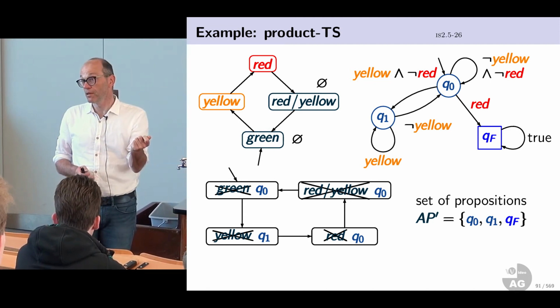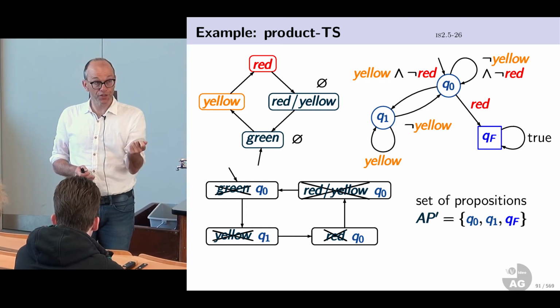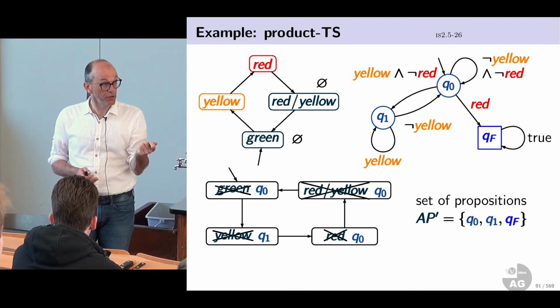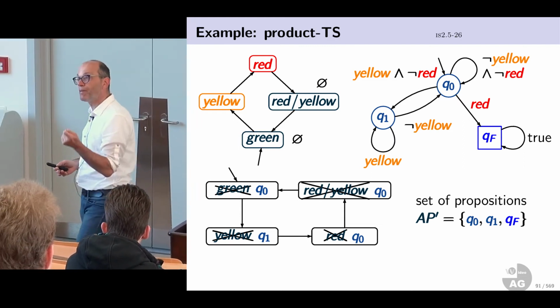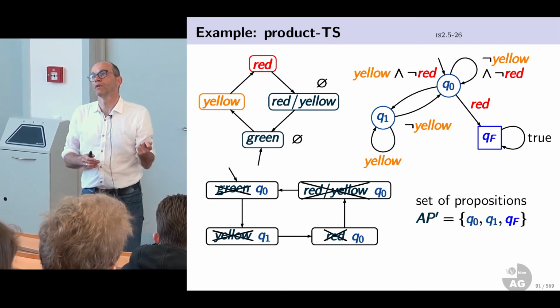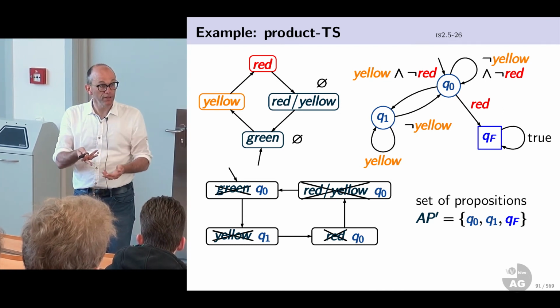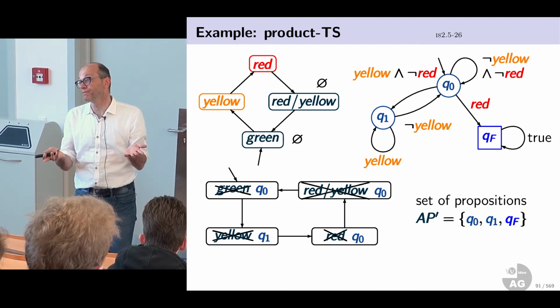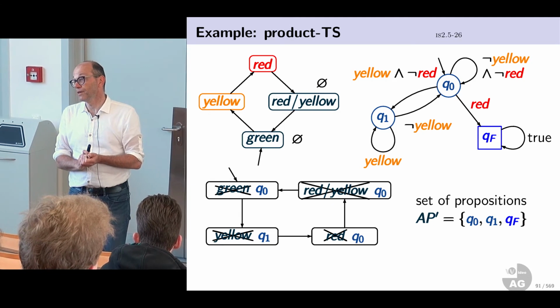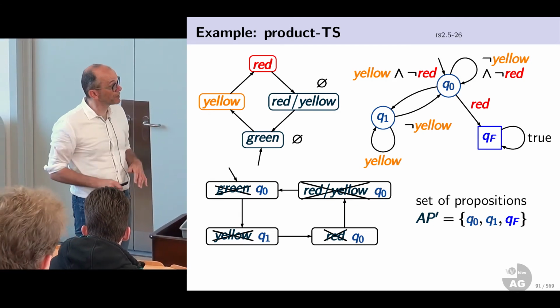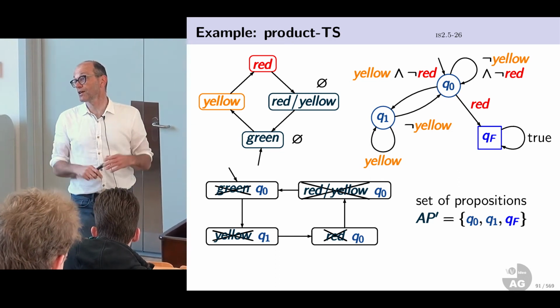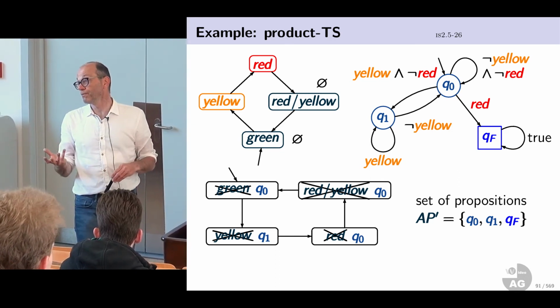What does that mean? It means that the transition system has no bad behavior. It can never generate a bad prefix. Formulated positively, it satisfies the safety property. Yeah? How can I check this? Well, I can just check, is there something reachable here that is accepting? And the answer is no.